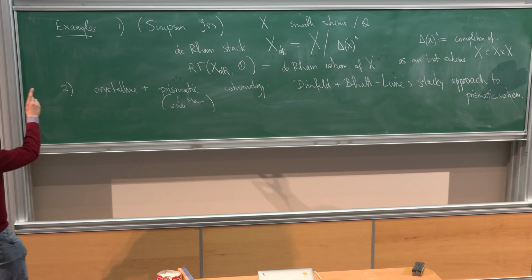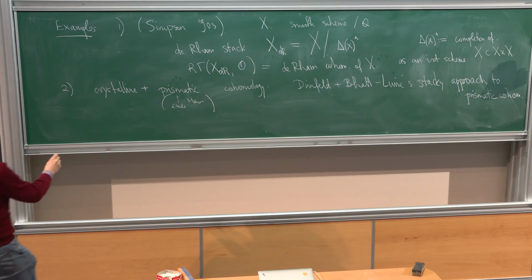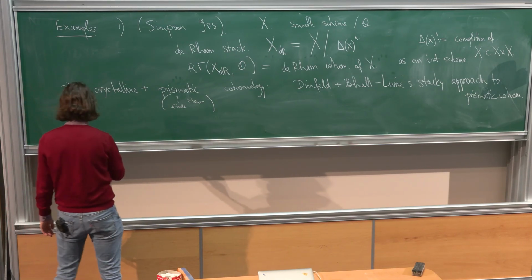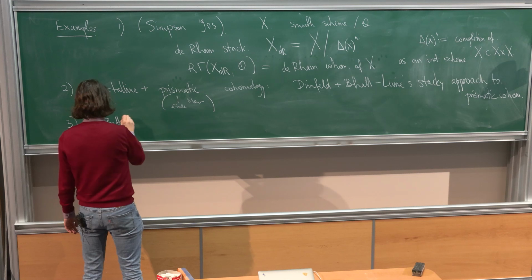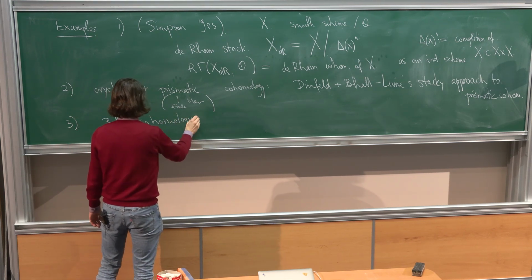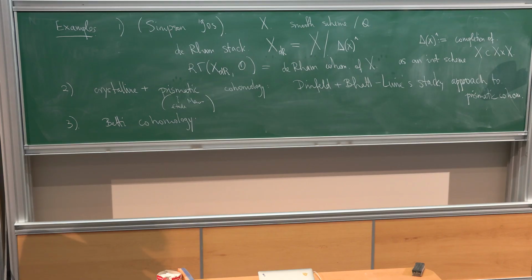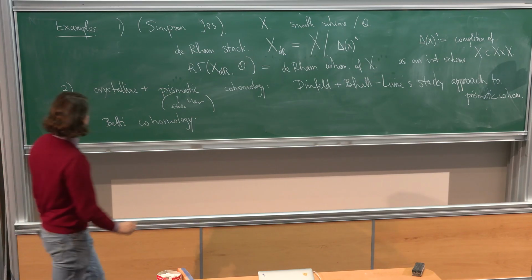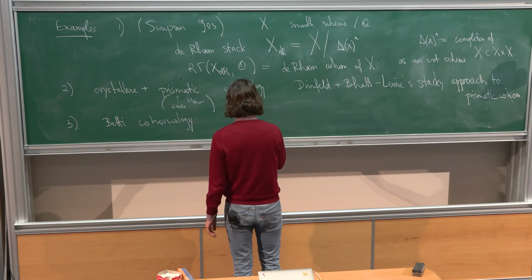And then there's one missing on my list, which is Betti. And this actually also works. This is slightly more curious, and it's very much related in one way to this condensed formalism.